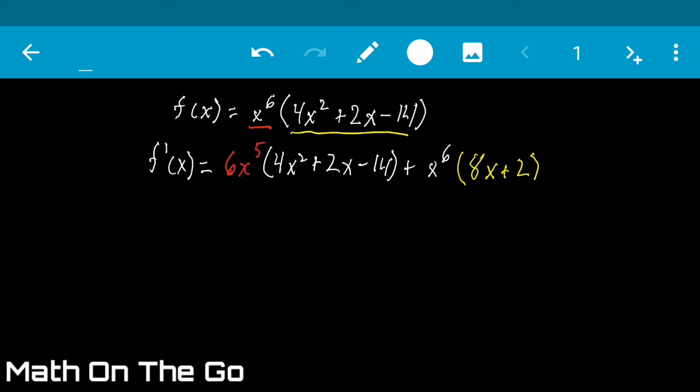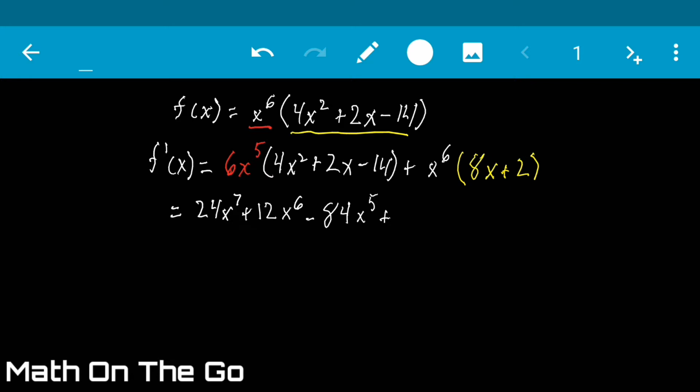Now what we do here, again, that can be your derivative, but let's clean it up. So let's distribute. We end up with 24x to the 7 plus 12x to the 6th minus 84x to the 5th, plus, now we distribute our x to the 6th into 8x plus 2.